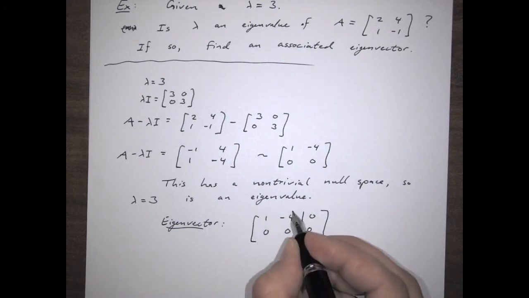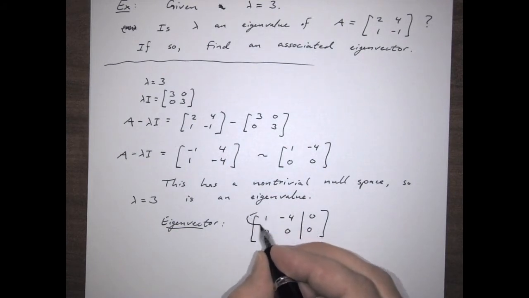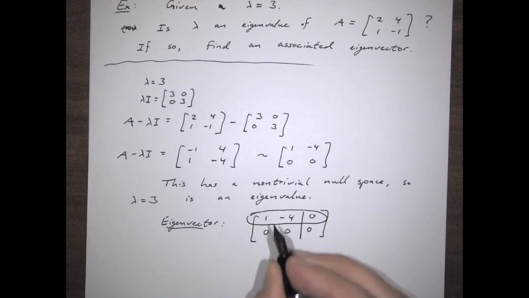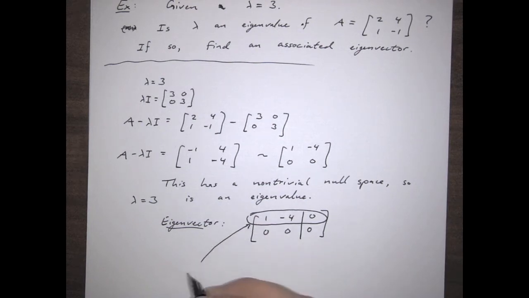And what this is going to tell us is that x1 minus 4x2 will equal 0, which means that x1 equals 4x2, and x2 is free, so x2 just equals x2.